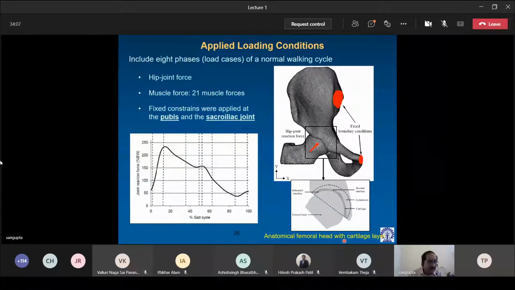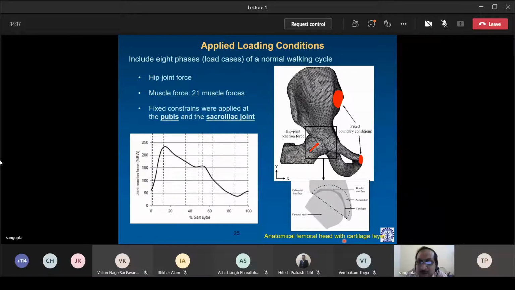So once we are convinced about the quality of the finite element model that is being used for clinical investigations, we refer to the musculoskeletal data, which are used as applied loading conditions. Okay, so we had shown you this slide, I think, earlier in case of mechanical behavior of bone.